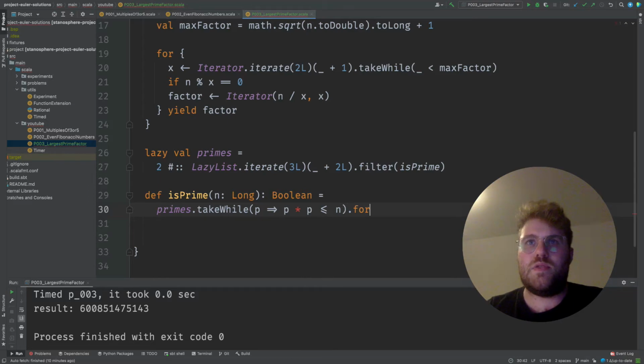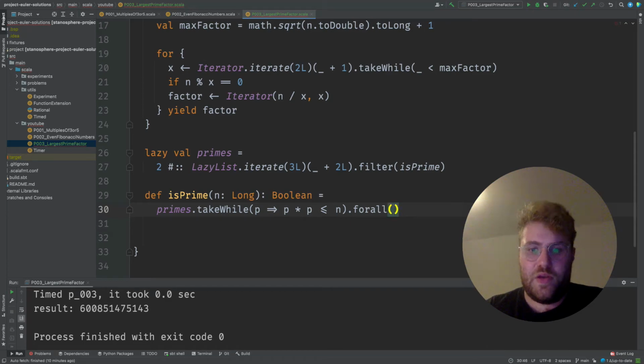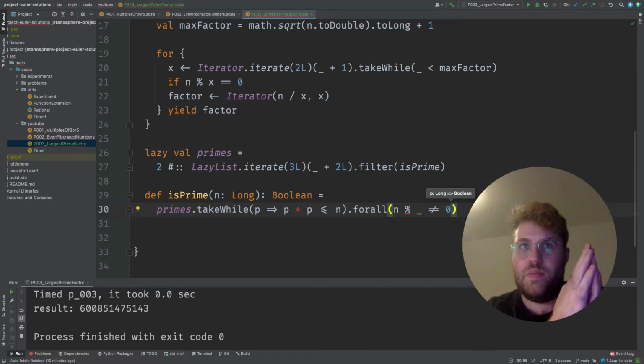Let's see what's wrong. And then we need it to be that for all of those, when you divide n by each of your prime numbers, it needs to be non-zero, obviously. So you're testing that n cannot be divided by any of the prime numbers.